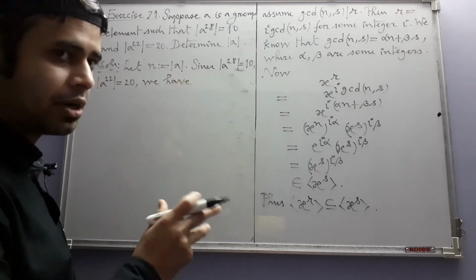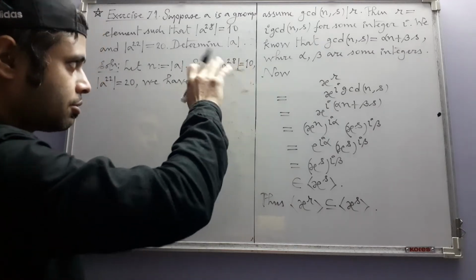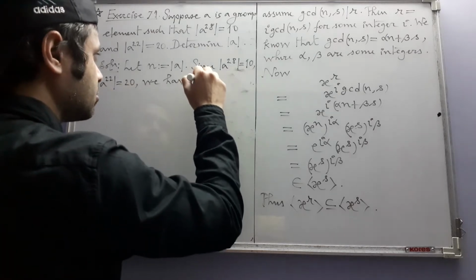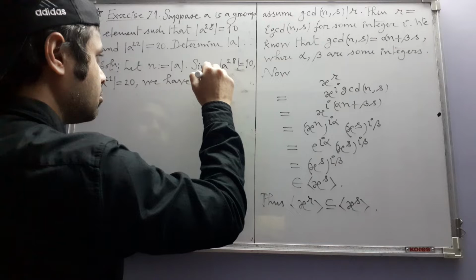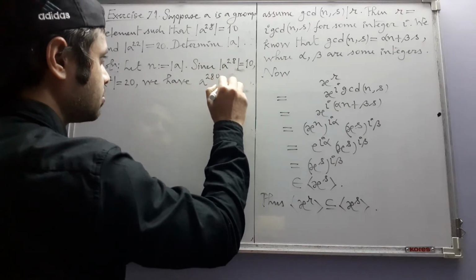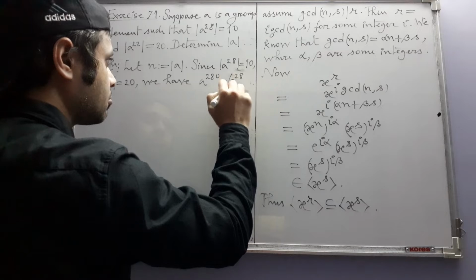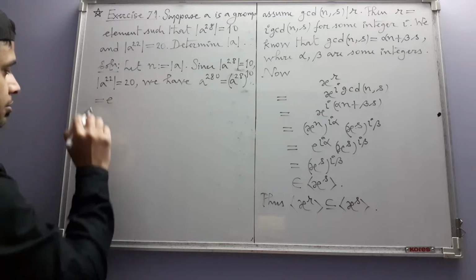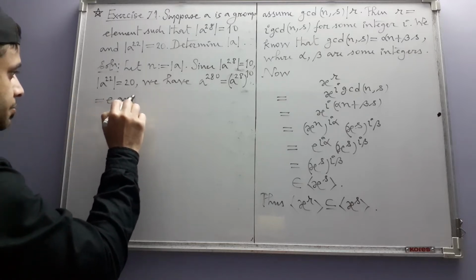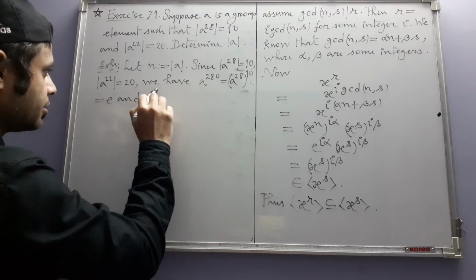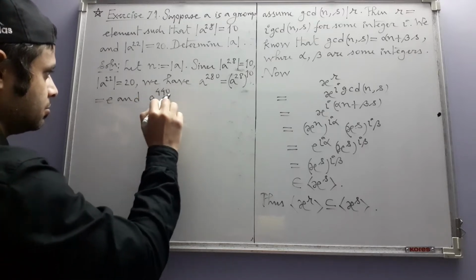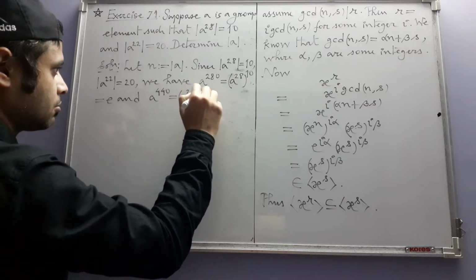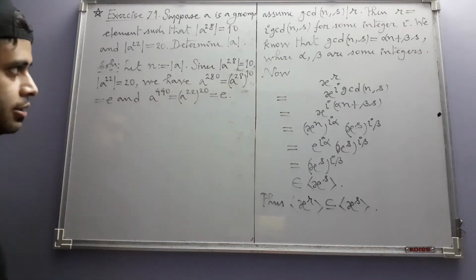So we will use that first portion, that is, a to the power 28 whole to the power 10 is identity, and the same thing for this one. So a to the power 280 is equal to identity, and similarly a to the power 440 is also equal to identity.